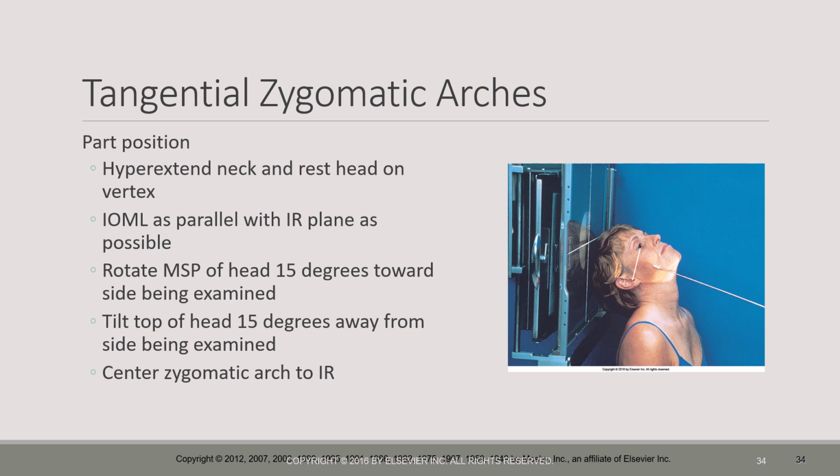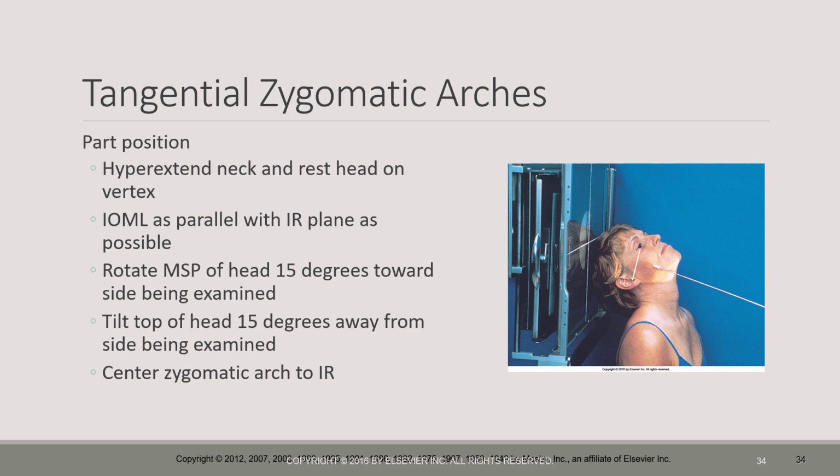What that does is it makes the zygomatic arch the most superior aspect of the person's head right there. And then we direct the central ray right to that zygomatic arch. So we're isolating the right zygomatic arch in this picture. You would, of course, have to do a separate projection for the left zygomatic arch. And so they often call this the modified SMV for zygomatic arch.